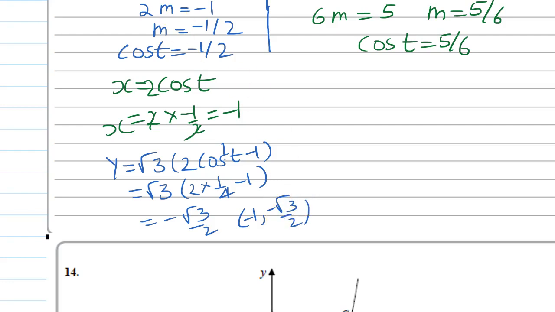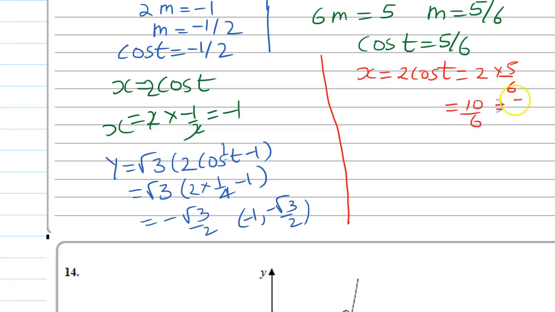Okay, now this side cos t is 5 over 6, so x will be 2 cos t, that is 2 times 5 over 6, that is 10 over 6, and simplify 5 over 3. And what will be the value of y here? It will be root 3 times 2 cos square t minus 1.